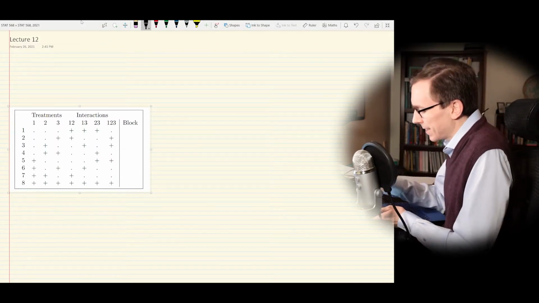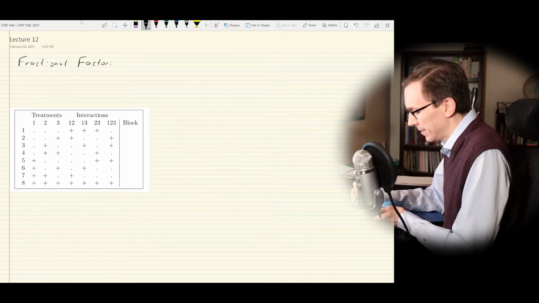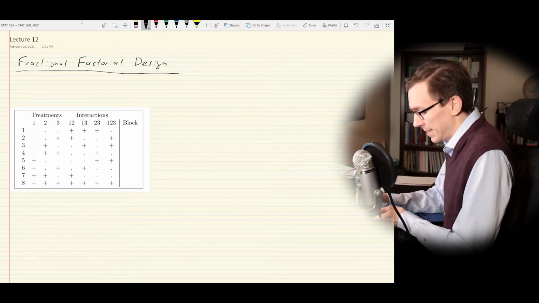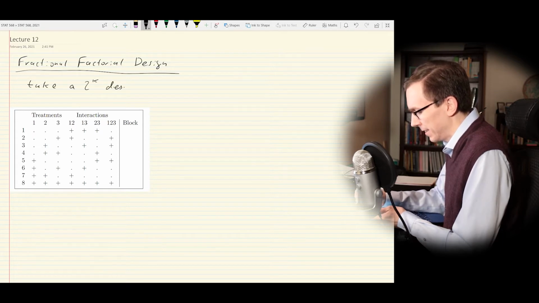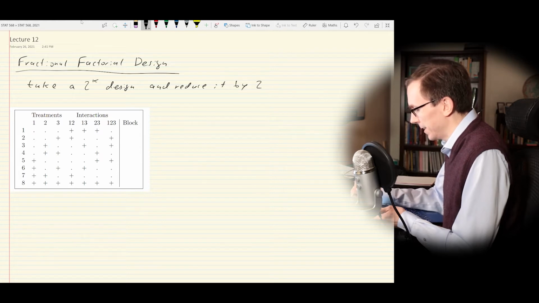All right, so in this lecture, we will be looking at the fractional factorial design. And roughly, the idea is take a 2 to the k design and reduce it by 2 to the p.